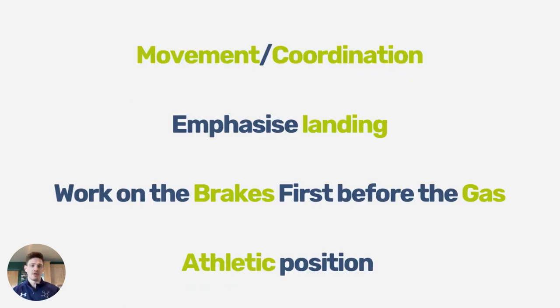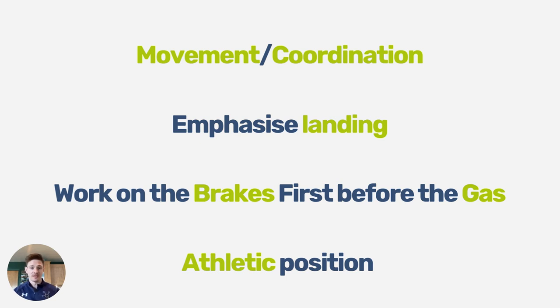The key things that we want to emphasize during this are movement and coordination. So getting to grips with some of the basic movements and concepts that are going to help us when we move higher up that ladder. If we progress too quickly, even if we're not getting injured, we're just not going to get the most from it because we're not speaking the same language, and someone's not able to access the postures and positions that are going to help optimize their biomechanics and force production.